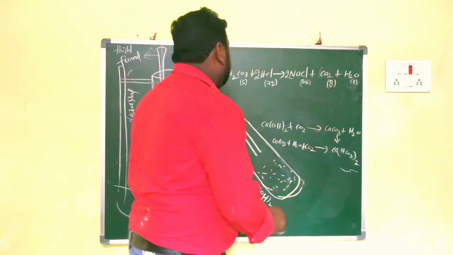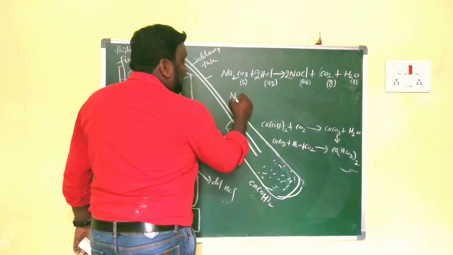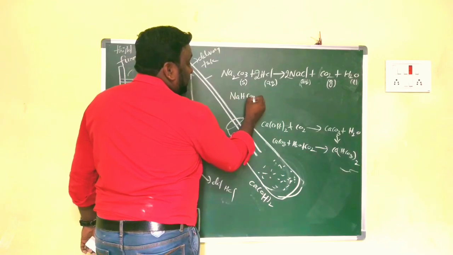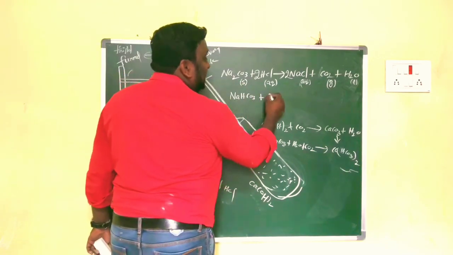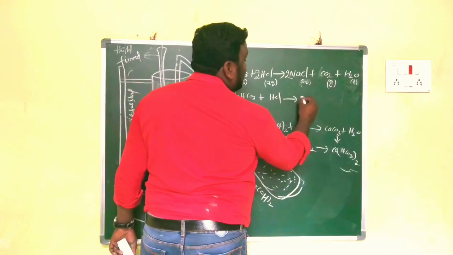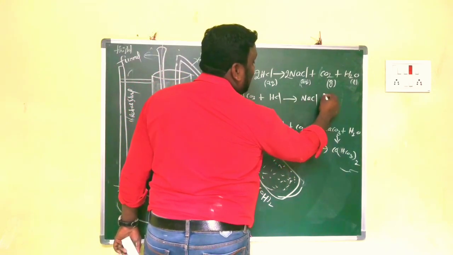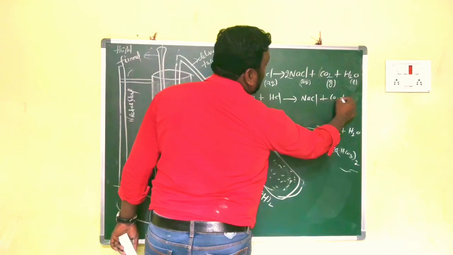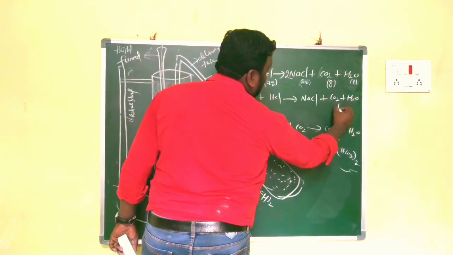That should be shown like this. NaHCO3 plus HCl gives rise to NaCl plus CO2 plus H2O.